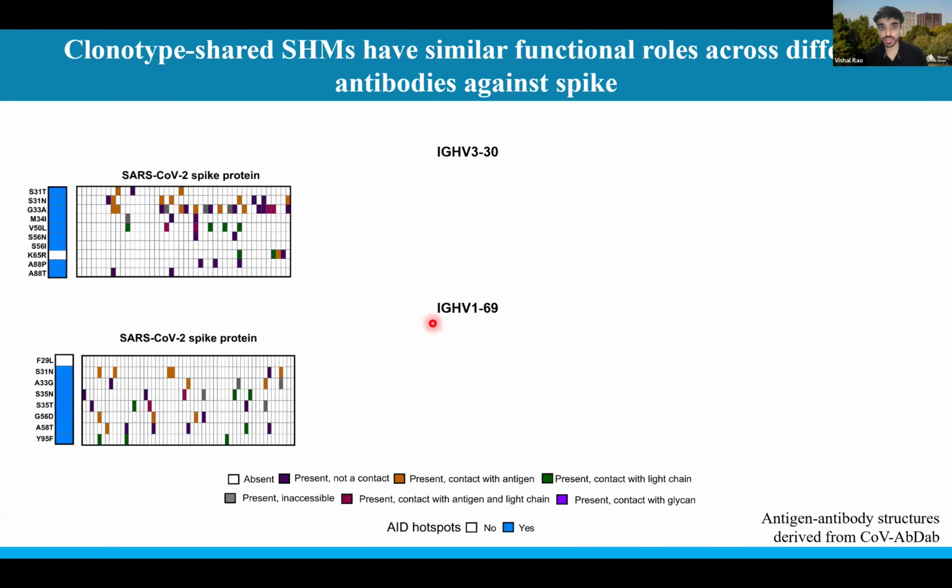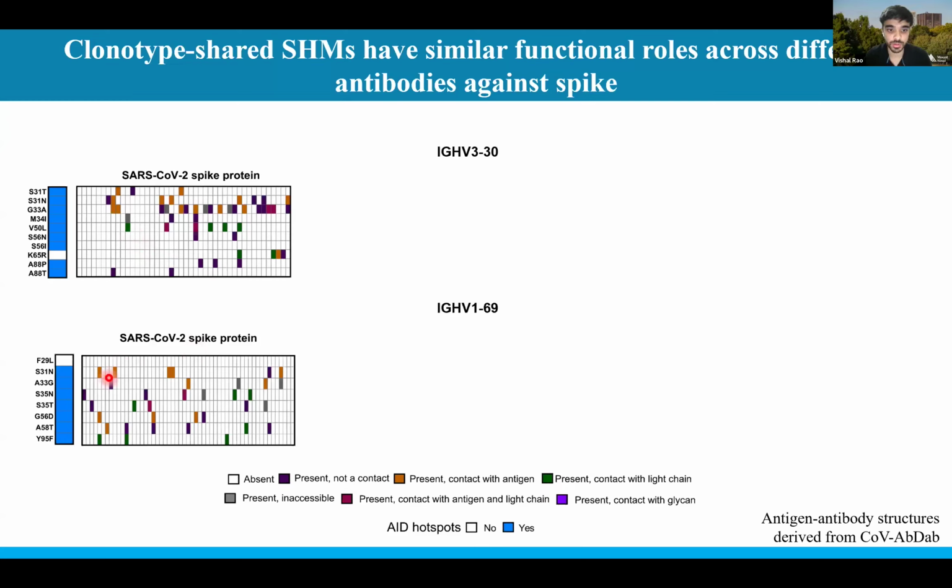So we looked at CoV-AbDab again, which had these SARS-CoV-2 specific antibody sequences, specifically looking at these 330 and V169 antibodies. And for each of these mutations, we first annotated whether the mutation occurs or not in each antibody, which is a column here, and whether the mutation is a contact with the antigen, which is orange, or the light chain, which is in green.